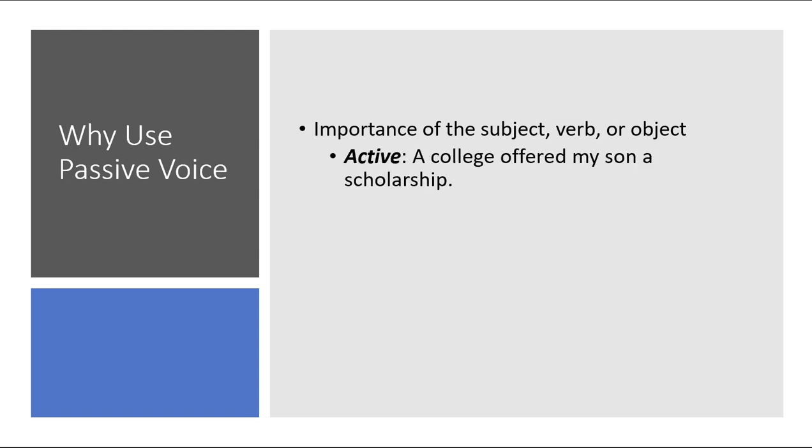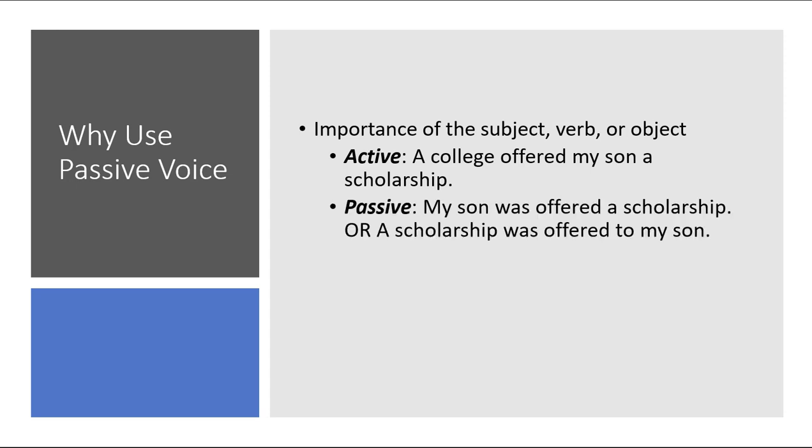For example, the active sentence, a college offered my son a scholarship, would be better as a passive sentence because the object and action are more important than the subject. The passive sentence reads, my son was offered a scholarship. Also, passive sentence could be, a scholarship was offered to my son.